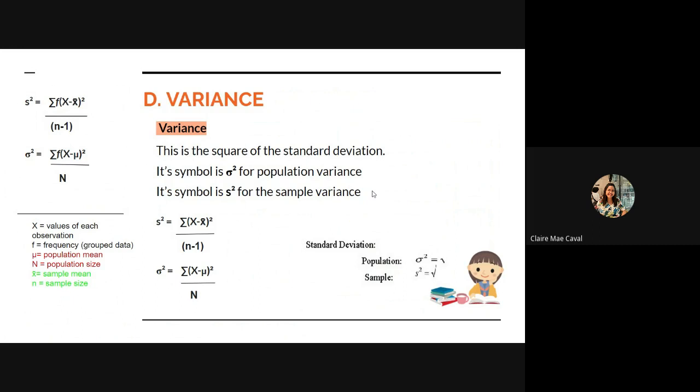Variance is also a statistical measure of the spread of data between numbers, or the measure of the variation or dispersion of the set of data from each other. Okay? Kung how far they are from each other.